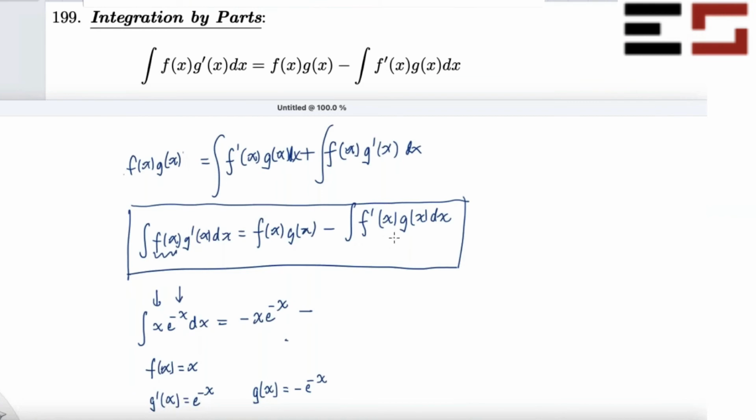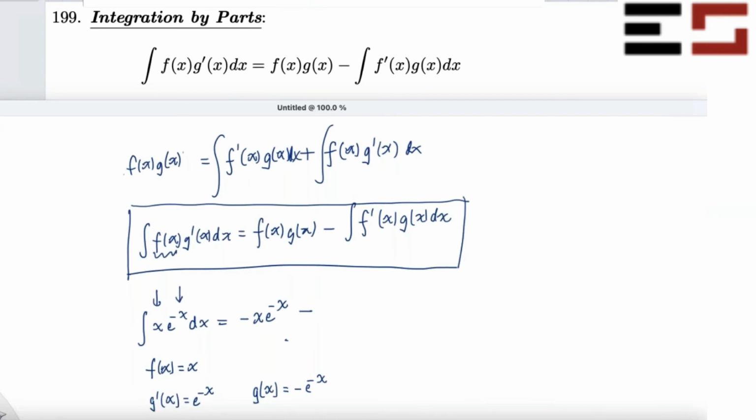That's the key thing, why we took x first and not e to the power minus x. Notice that when you take the derivative of x, it becomes 1. But if you take the derivative of e to the power minus x, it stays as it is. You want to reduce this product so that you can easily solve it. You want to remove one term.